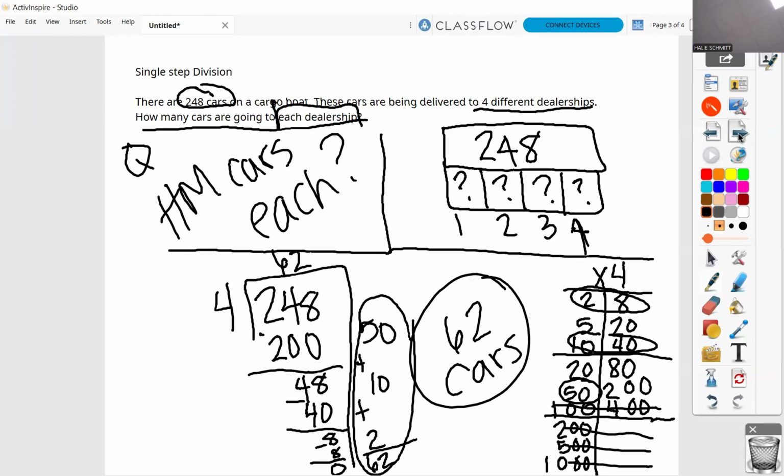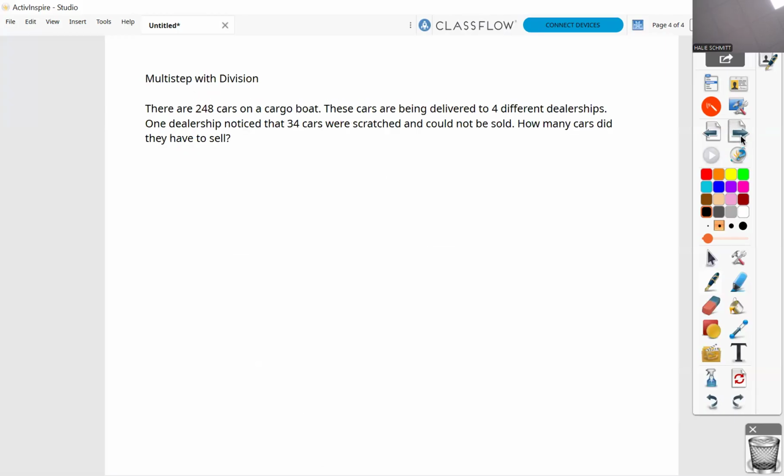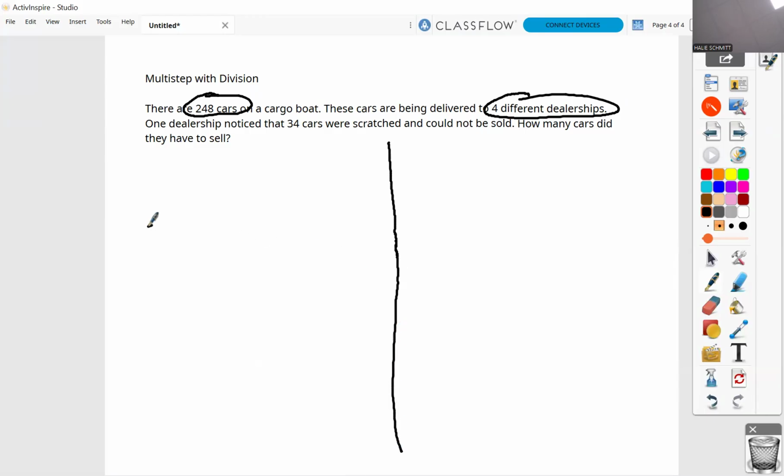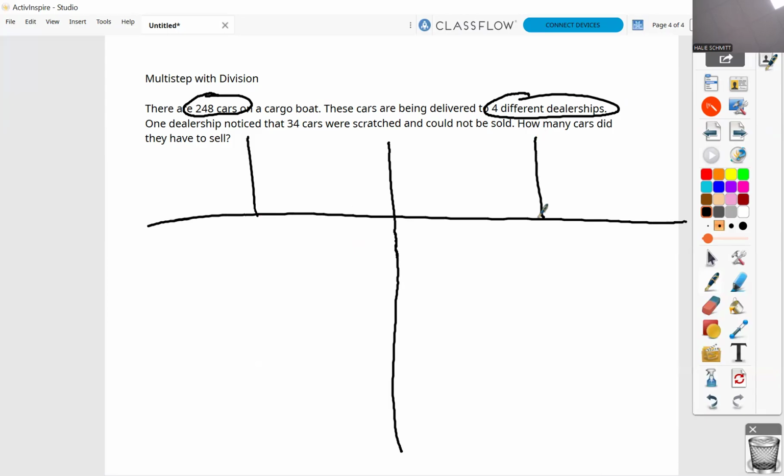Okay, I'm going to step it up. We're going to go to multi-step with division. Again, there are 248 cars. These cars are being delivered to 4 different dealerships. Okay, I'm going to stop. I know I have a total, and I'm breaking it into pieces.